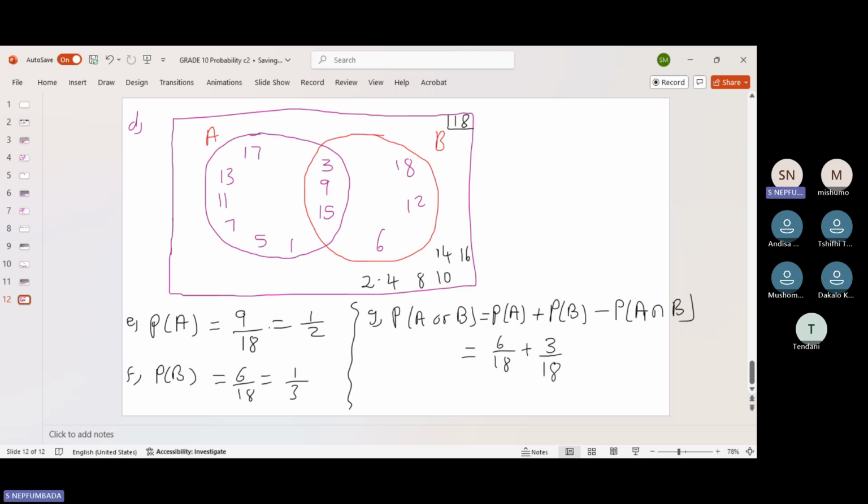Oh, this is A only. When we're dealing with a formula, we choose A only. That's why I said it's 6. Oh, okay. Plus this, minus the intersection.